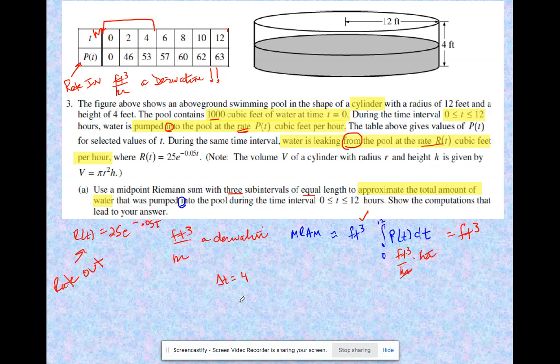That's a width of 4, so I'm going to have 4 times the midpoint values: 46, 57, and 62. Make sure to put your units on your answer.